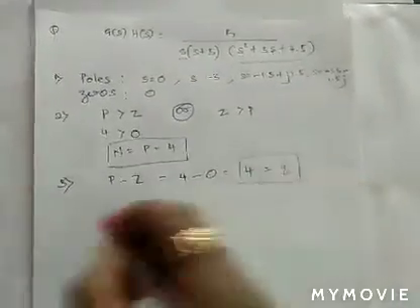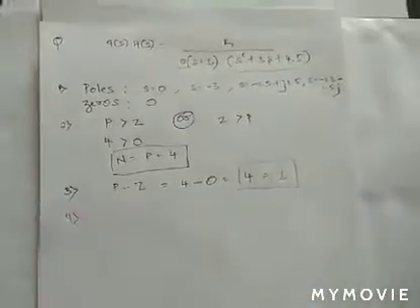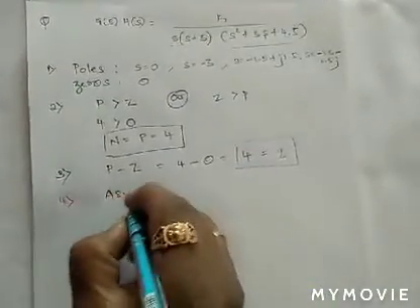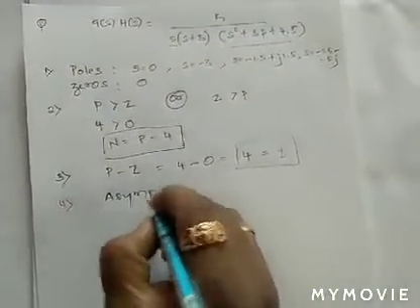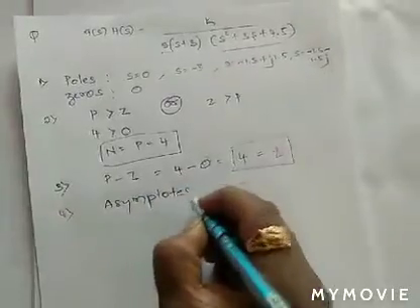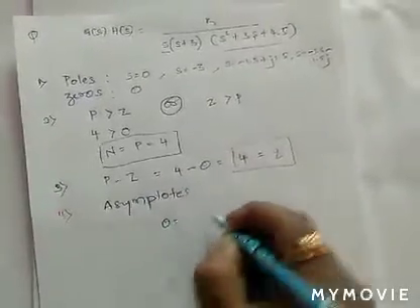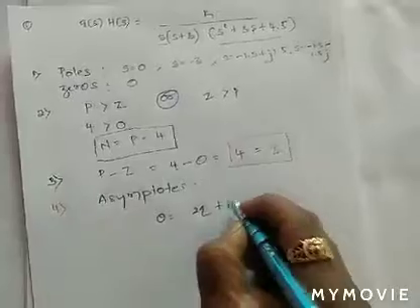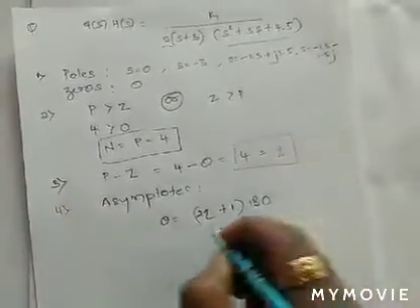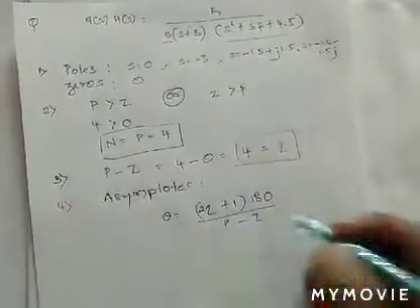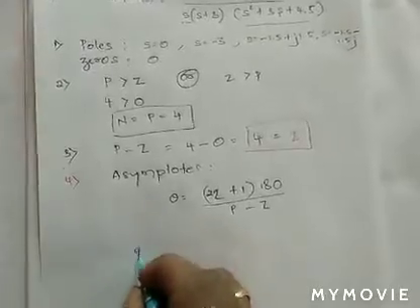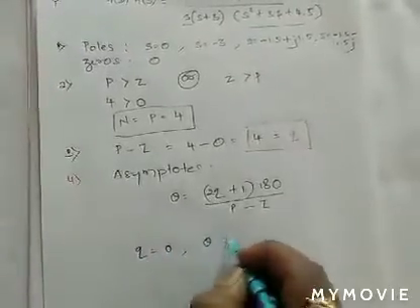The next step, the fourth step, is the asymptotes. The asymptote formula is theta equals (2q plus 1) times 180, whole divided by P minus Z. So for q equals 0, what is the value of theta?